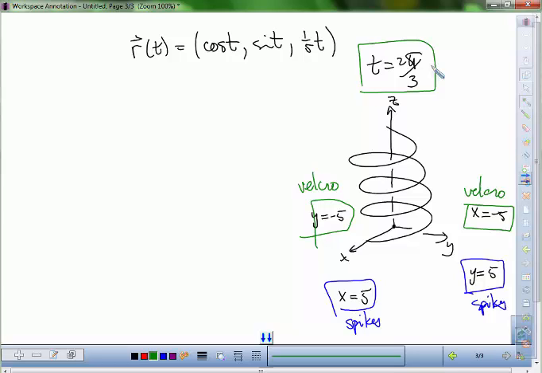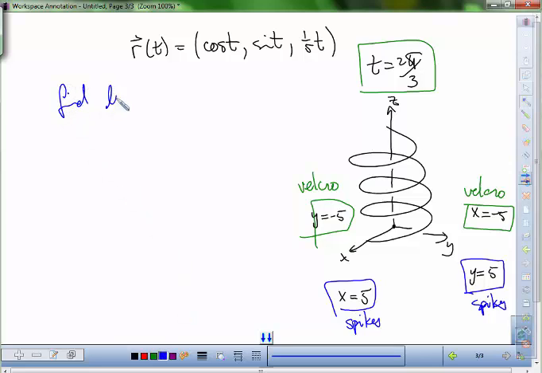Okay? So that's the question. So what I want you to do is try to find an equation of a line that comes from where you get ejected. And at that point where you get ejected is going to be your initial point.